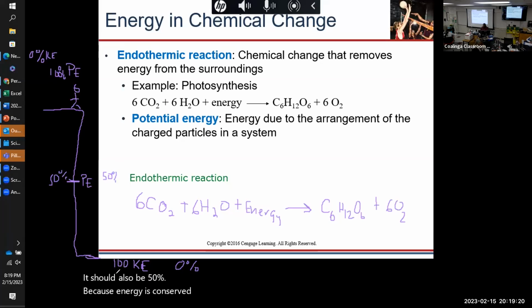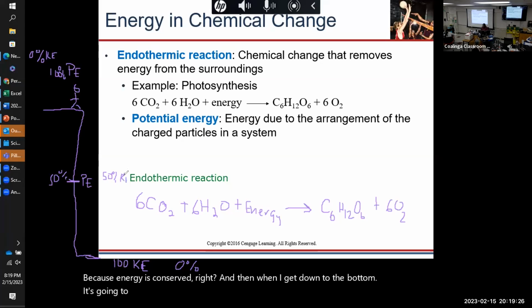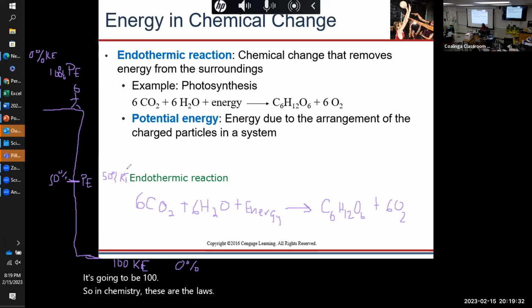And then when I get down to the bottom, it's going to be 100%. So in chemistry, these are the laws: the law of conservation. Conservation of mass: mass is always conserved. Conservation of energy: energy is always conserved.